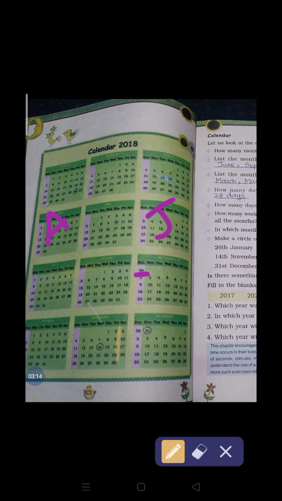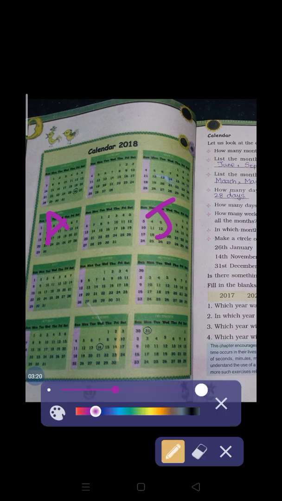How many days in September? 30 days. October is 31. November you have 30 days. The last one, December, also has 31 days. So how many months have 30 days? 4 months. That's all.